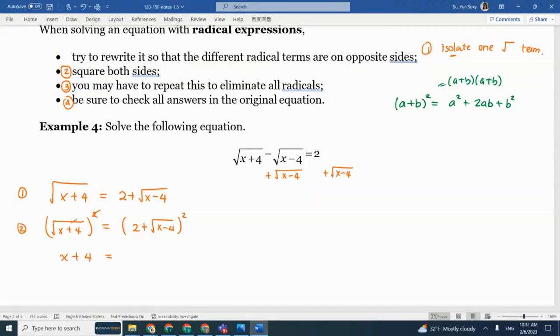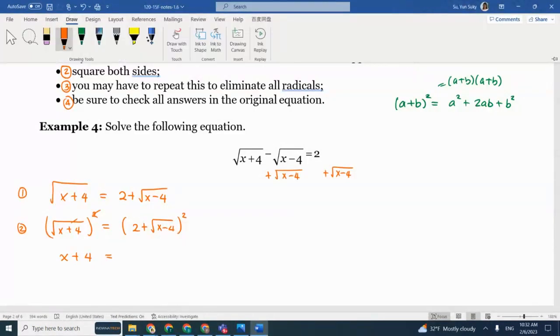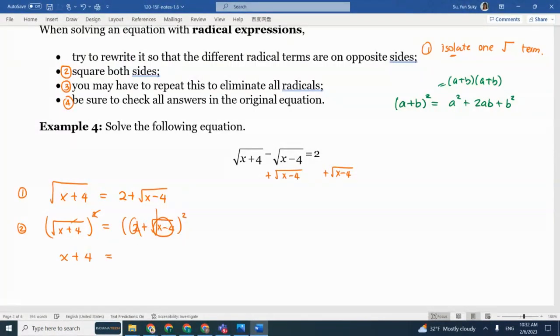Now, a is like 2, right? b is like the square root of x minus 4. So, again, a squared, so we have 4. Or let's do it slowly. This is like a, this is like b, right?